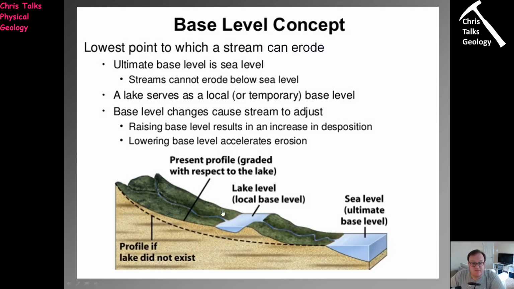It will fill up with sediment, so it will no longer be a body of water, it will just be a body of sediment. And once the body of water is gone, the lake's no longer there, so it no longer forms a local base level, and so the ultimate base level becomes once again the ocean, and the river will try and achieve this perfect concave profile. So, given enough time, the river will essentially change its profile. Essentially, it will normally be able to use the sea as the ultimate base level.